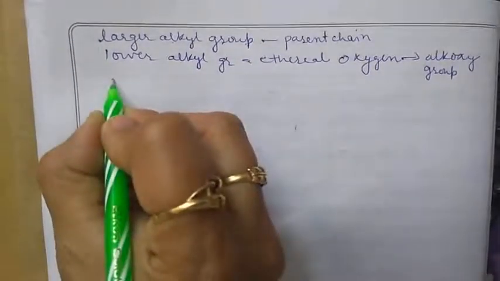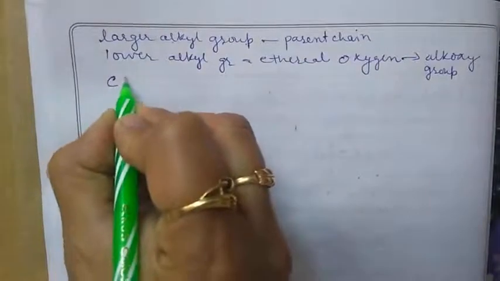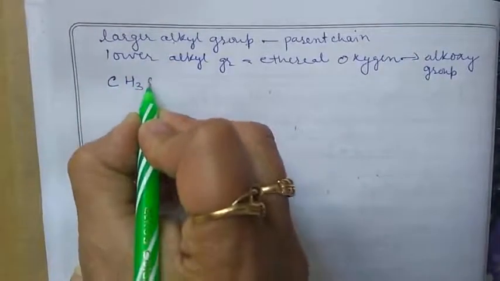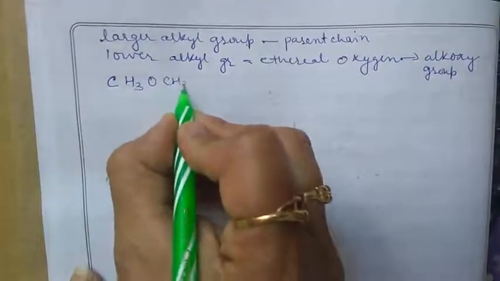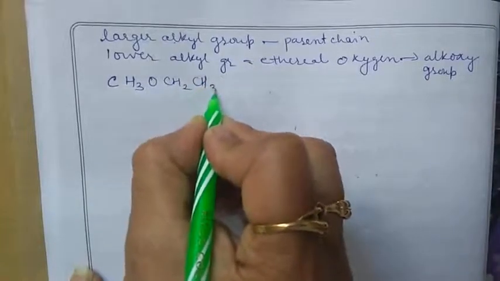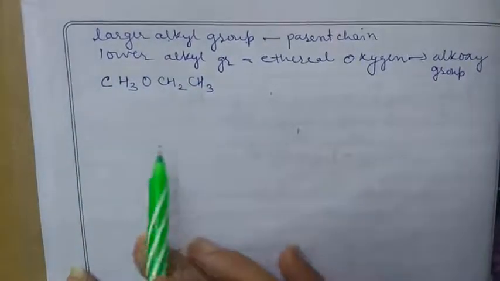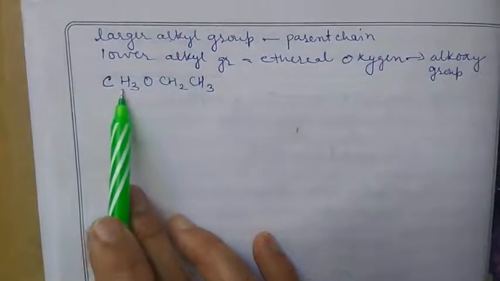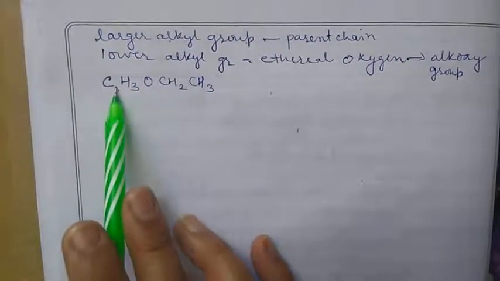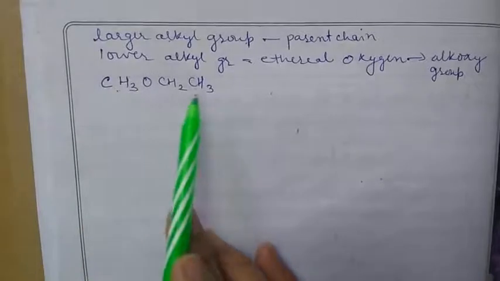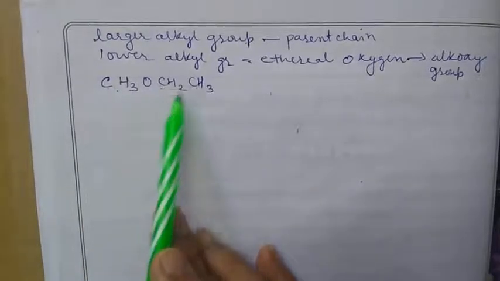For example, we have CH3OCH2CH3. Here a CH3 group is present, and here C2H5.